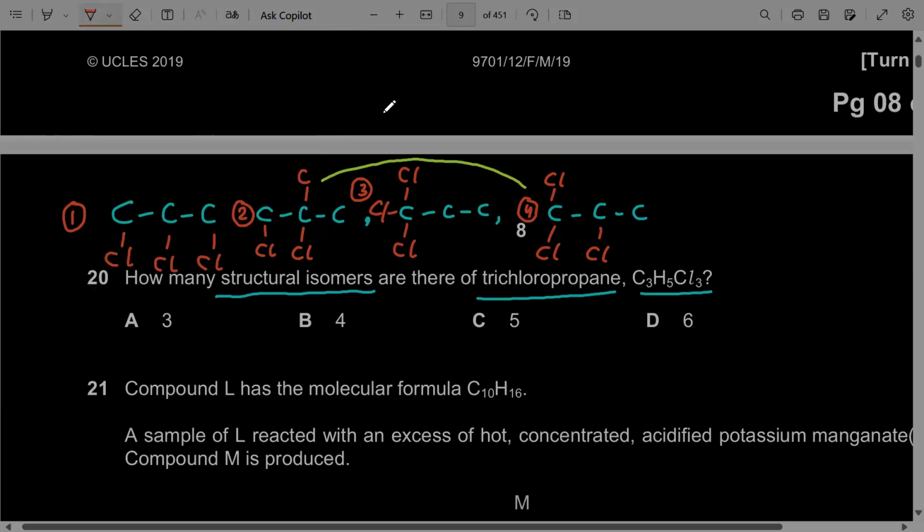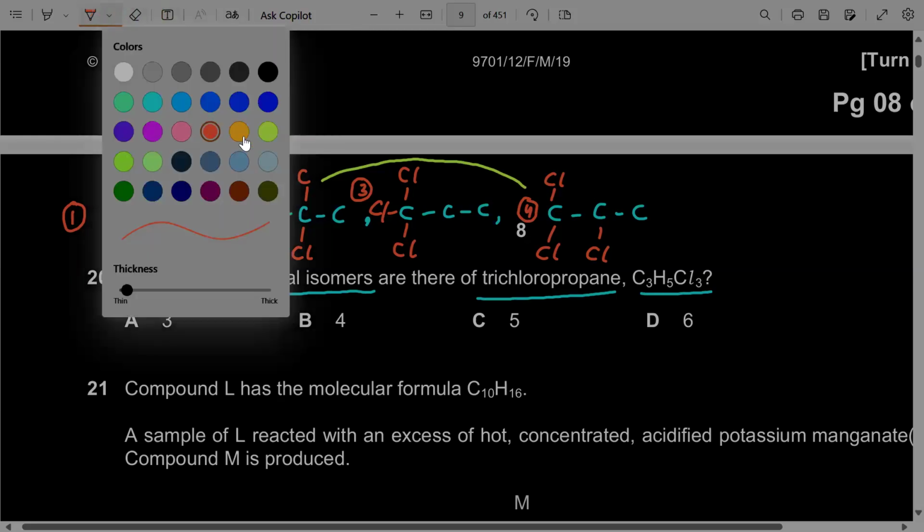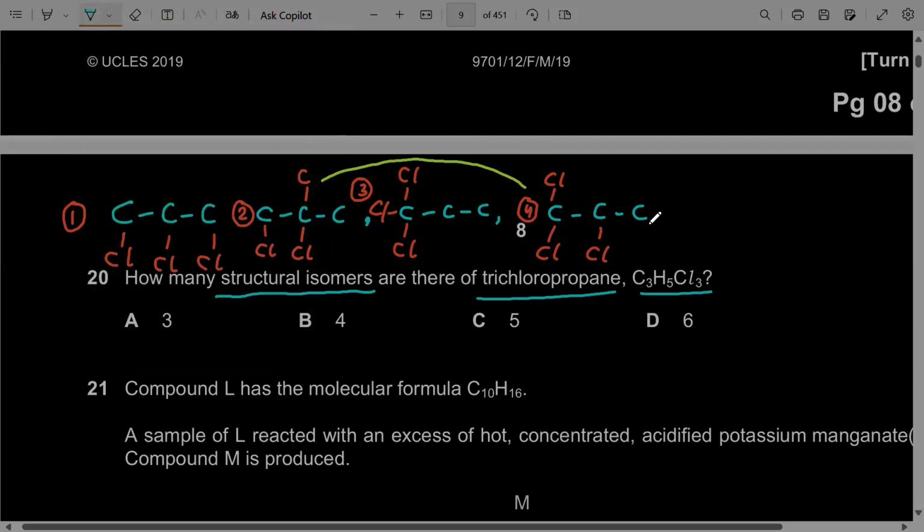Okay, now I have 4 isomers. Now the fifth isomer. For the fifth isomer, I need to draw another compound of 3 carbon atoms. Here in this case, the chlorine atoms will be distributed like this.